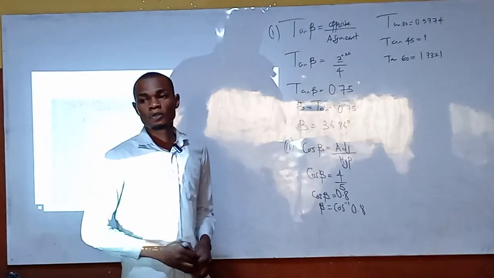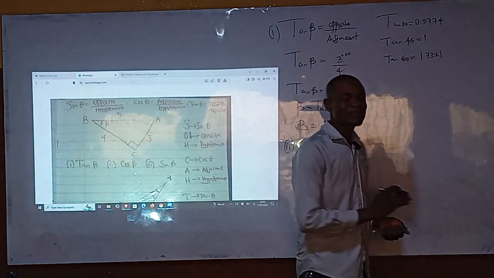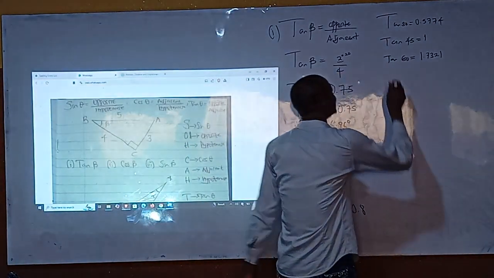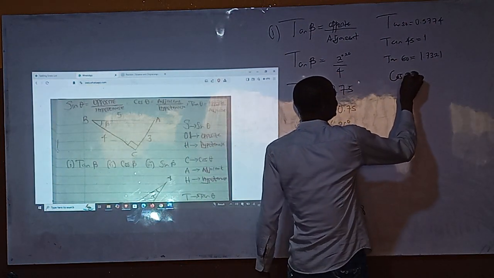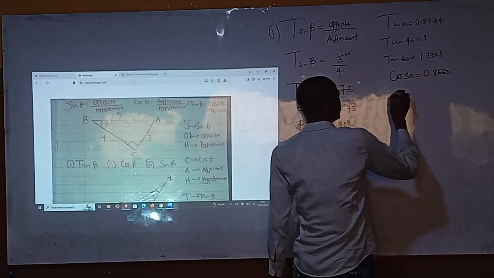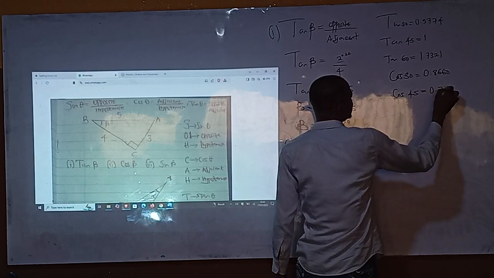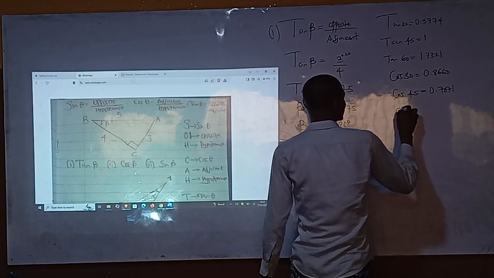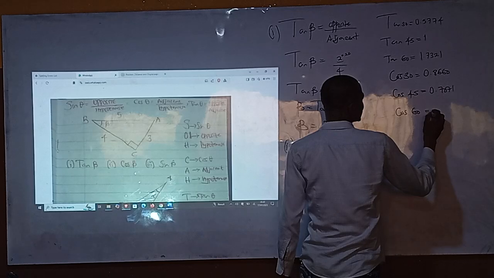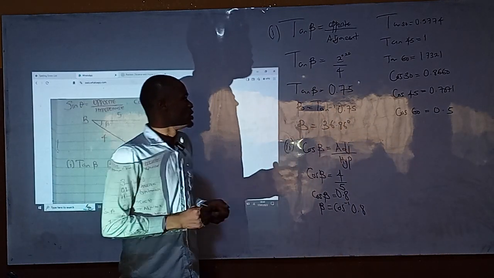So how can you now get this value? You go and check the cos values of the special angles you have learned. You know that cos 30 is 0.8660, cos 45 is 0.7071, cos 60 is 0.5.